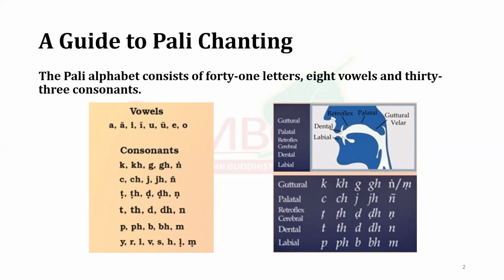And then for N, we've got 4: N with dot on top, N with dot below, N with nothing, and N with the curl on top. So N has got 4 pronunciations in the Pali alphabet. In English, there's only 1, N, finish.